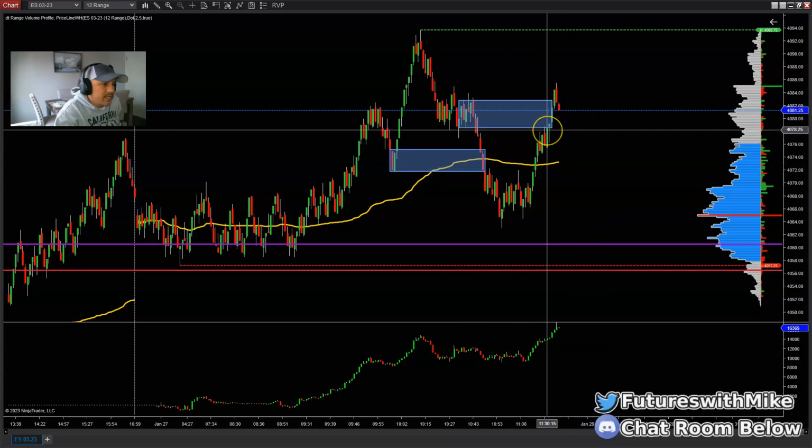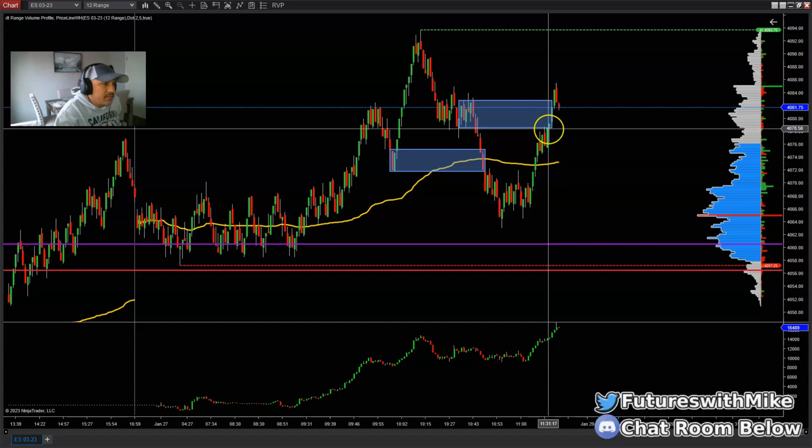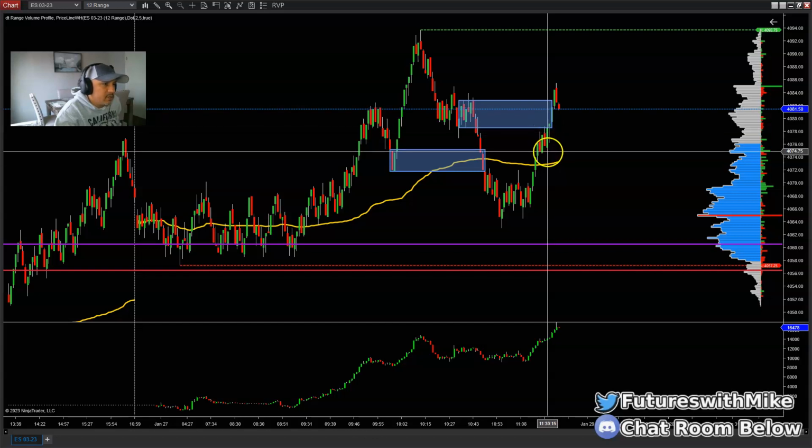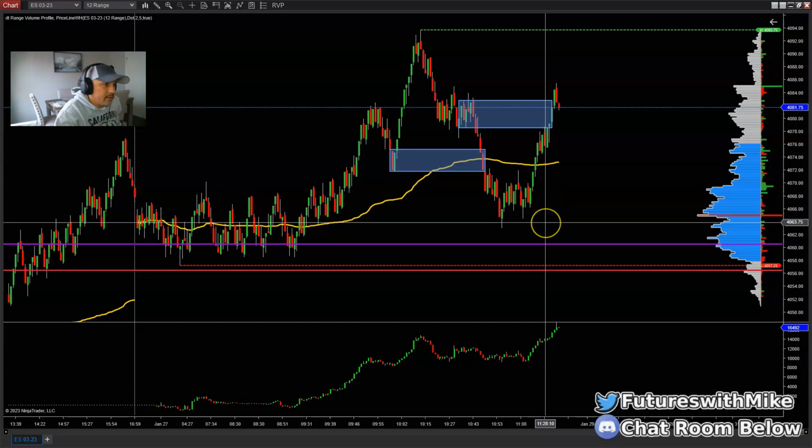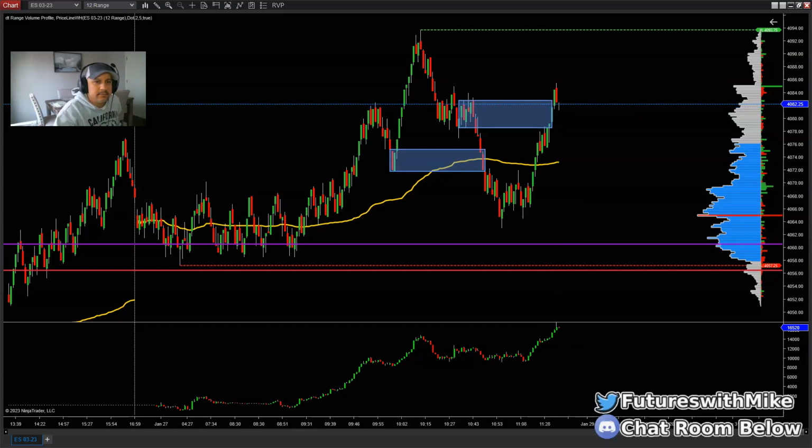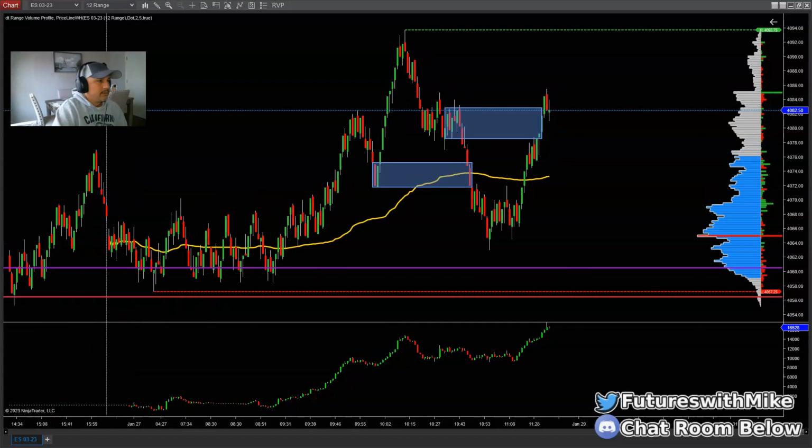Be mindful, price can bounce from this area right here if it gets here. But if it closes below this area here, then definitely looking to go short. Just trying to wait. This is a waiting game here, guys.